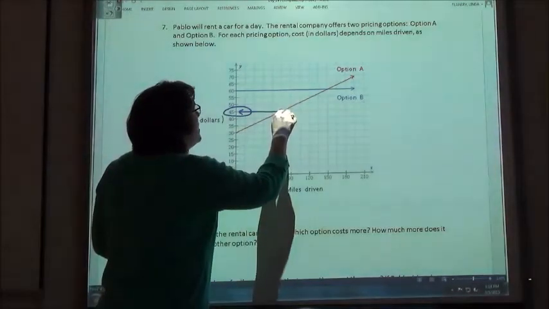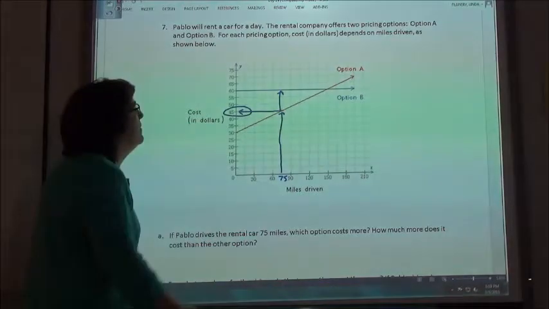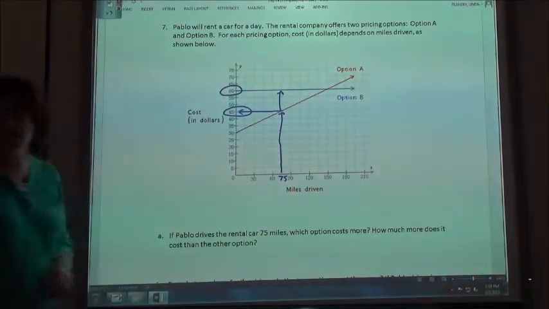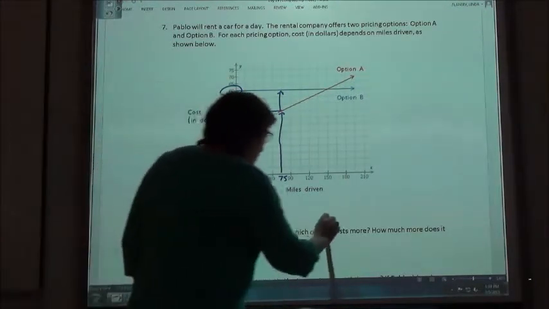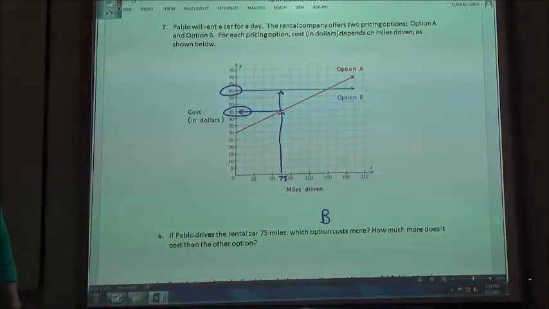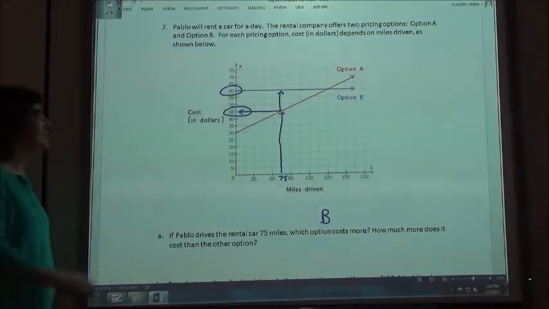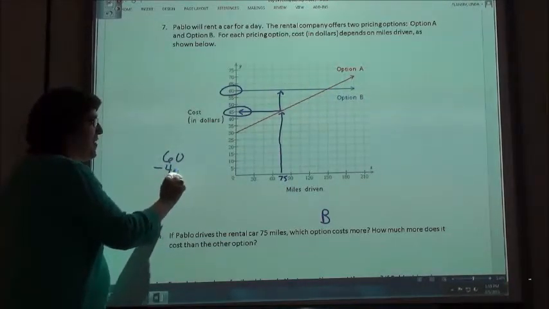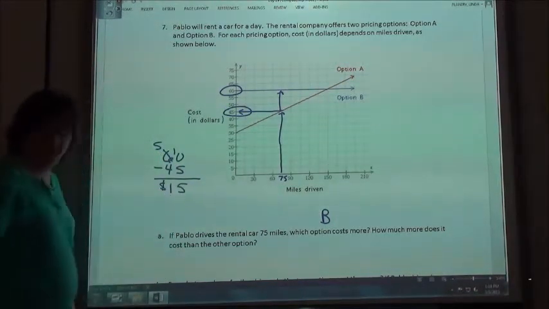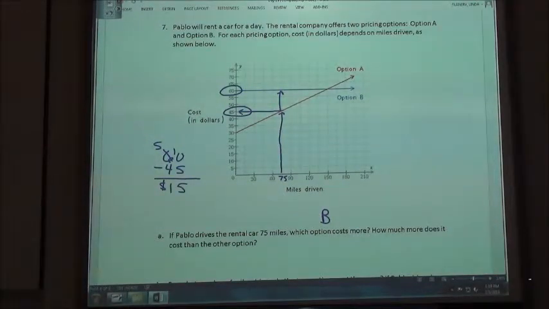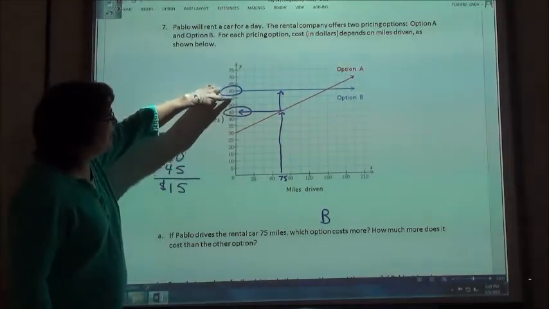If I go up to option B, how much is option B going to cost me? $60. Which one costs me more? Option B. How much more did it cost? $60 minus 45, right? $15. Or they're each going up by 5, 5, 10, 15.